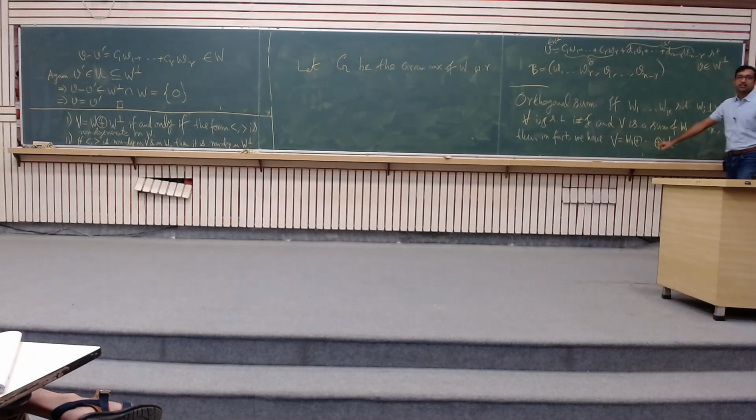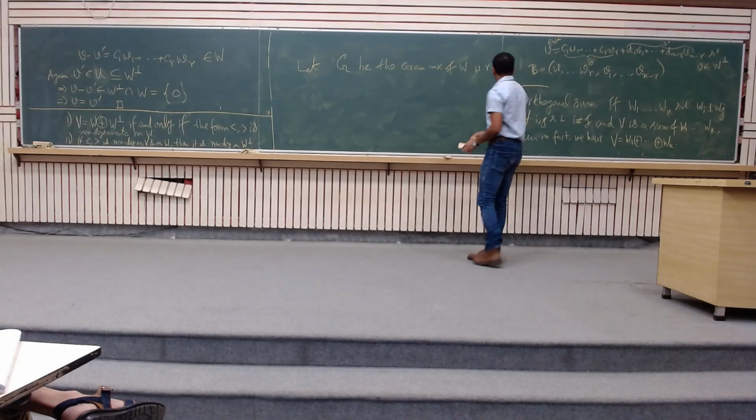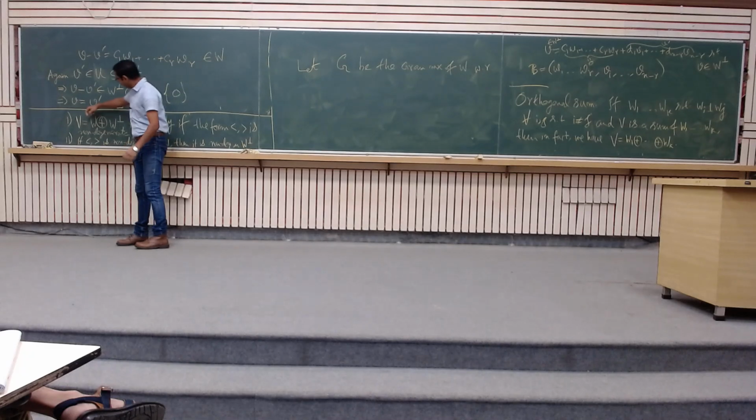Just check from the definition of direct sums that this is indeed the case, that is, these are independent spaces. In particular here we have that V is the orthogonal sum of W and W perp.